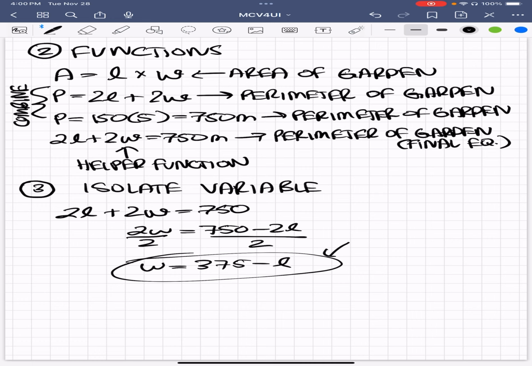So this right here is a function or equation equivalent to the value of w.